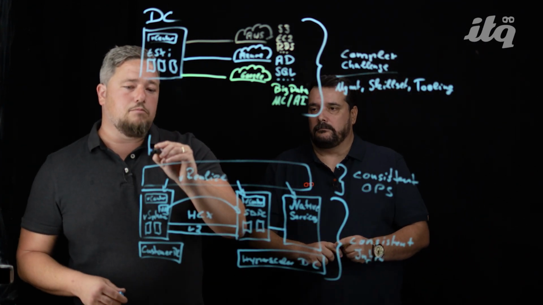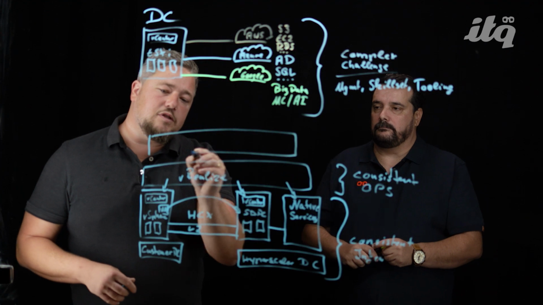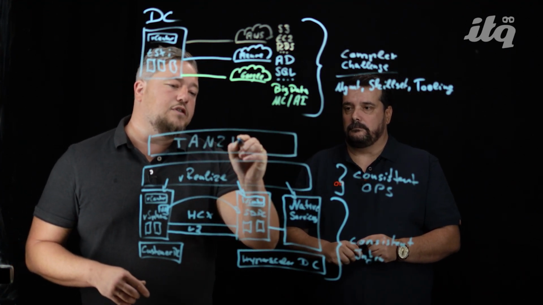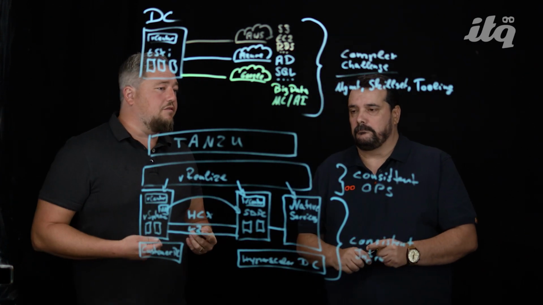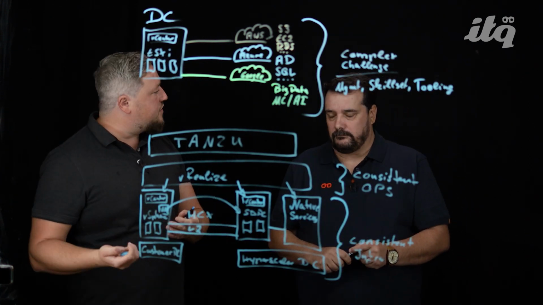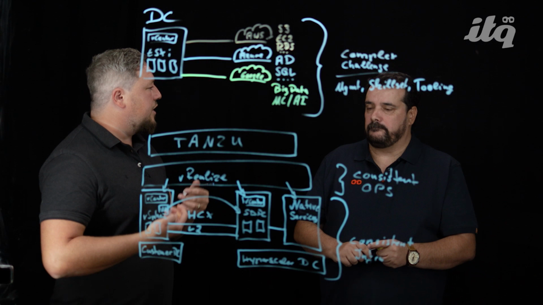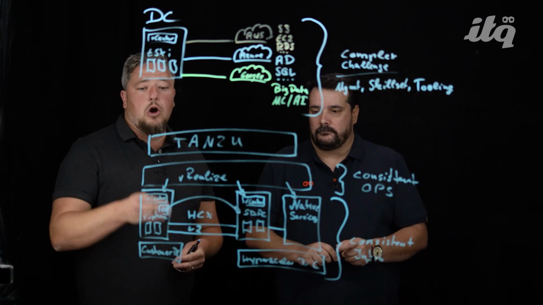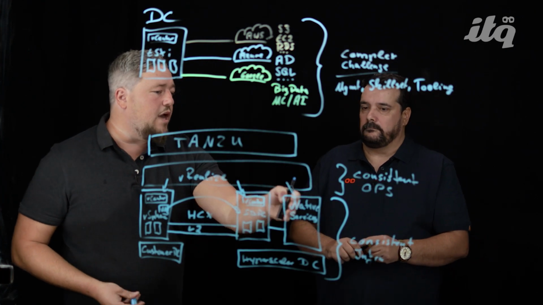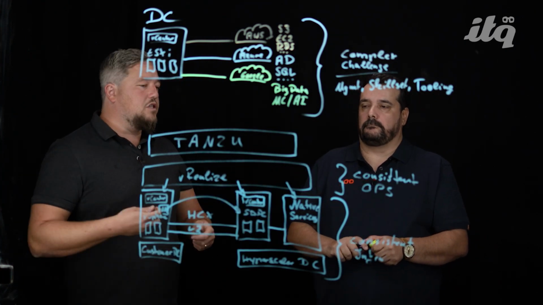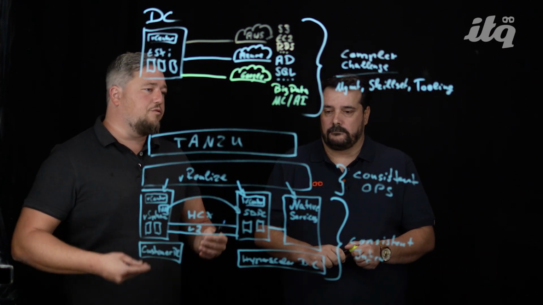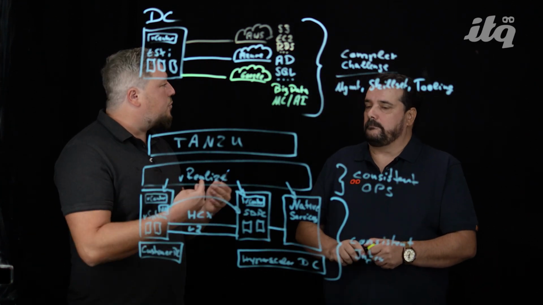With the Tanzu portfolio, we have a lot of solutions to support our developers, but also the operations team, by running a Kubernetes orchestration layer on either the VMware Cloud stack or on-premise, or even managing native services that run Tanzu. So with Tanzu, we really support this consistent developer model.